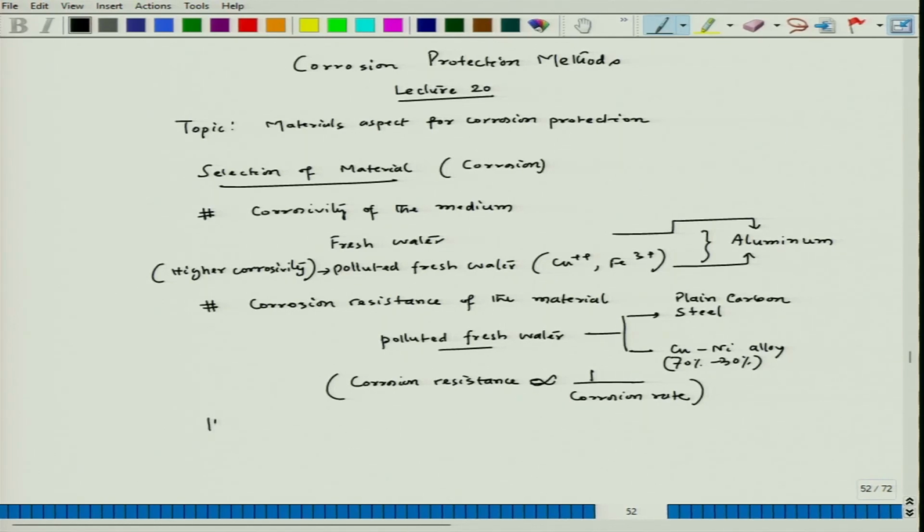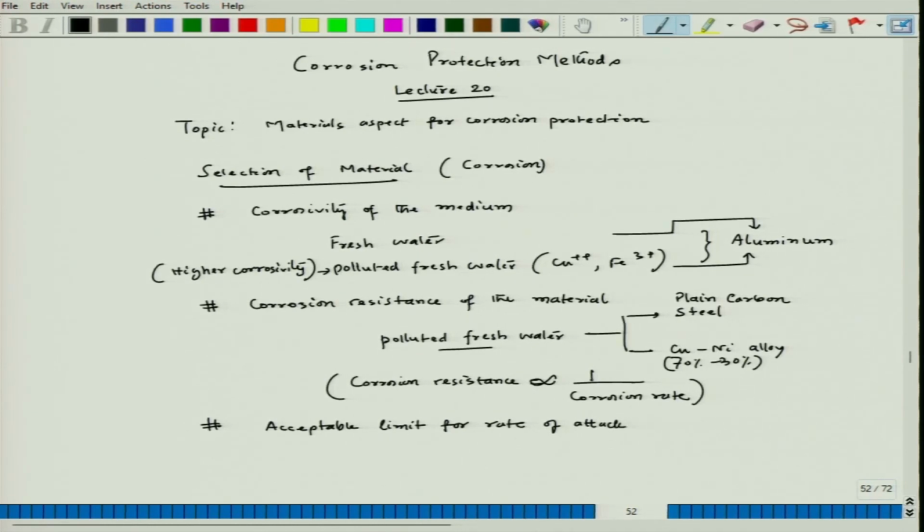Now, the third part is very important. Now, we know corrosivity, we know corrosion resistance. The third factor to be fixed is the acceptable limit for rate of attack. Okay.